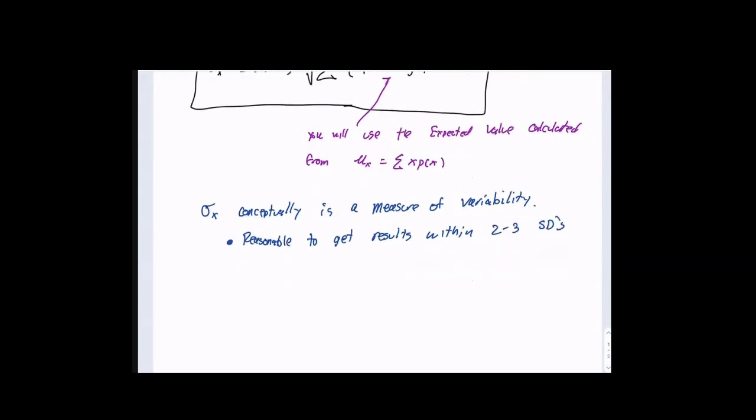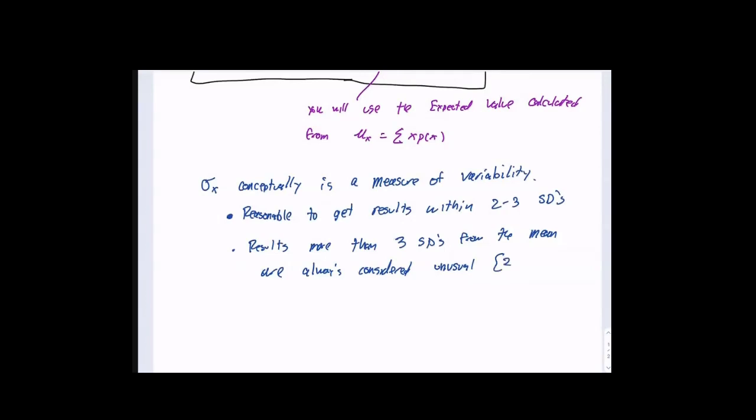As we defined earlier, results more than 3 standard deviations from the mean are always considered unusual. 2 to 3 is typically, but we will define it at 3.